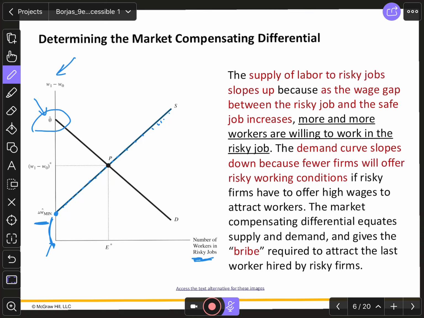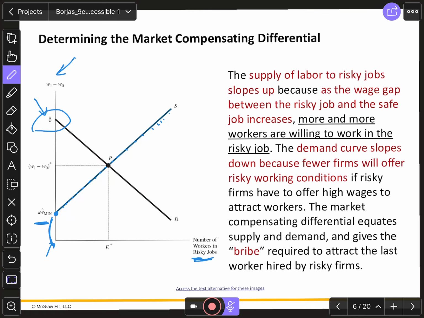It's very important, and it's discussed on page 186 in chapter 5, with more details about how it is derived as the difference between the value of marginal products in the risky versus the non-risky job.